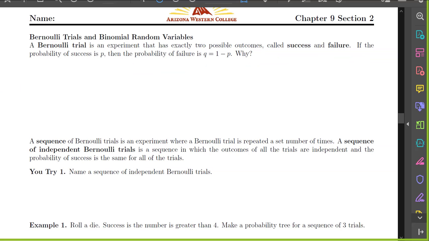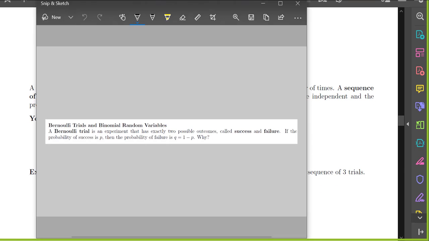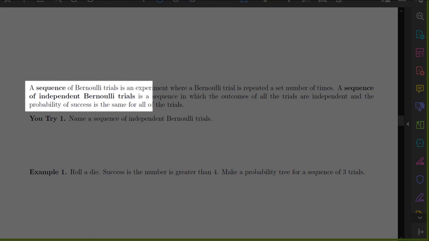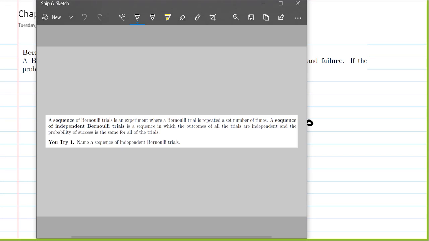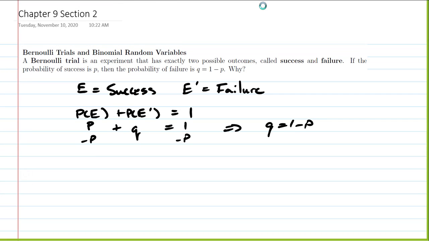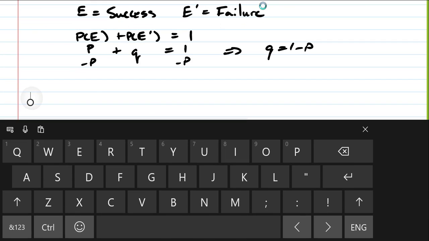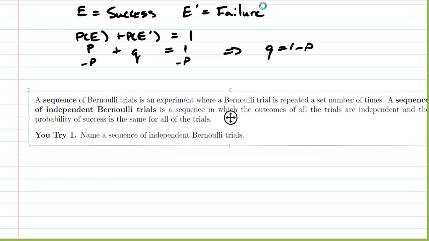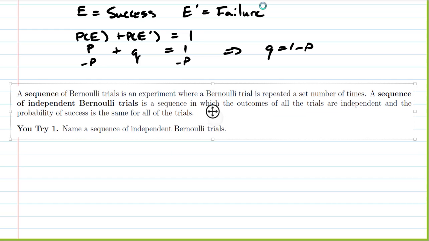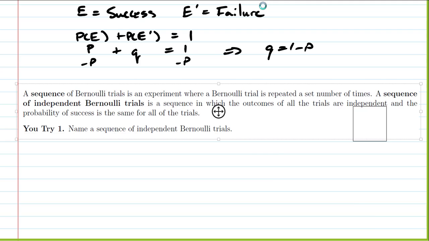All right. So a sequence of Bernoulli trials is an experiment where a Bernoulli trial is repeated a set number of times. So the last example we were working on in the previous section was a Bernoulli trial.